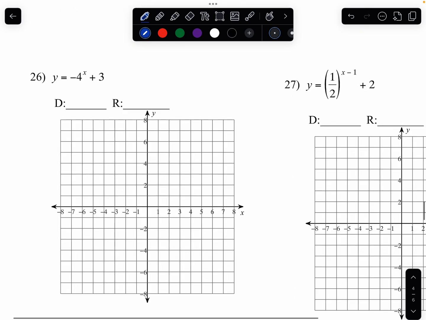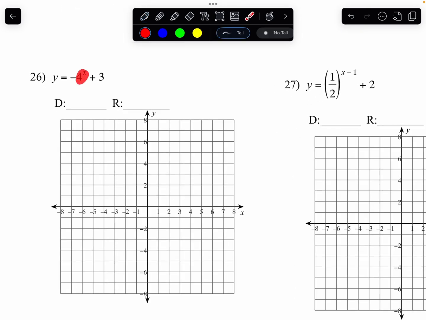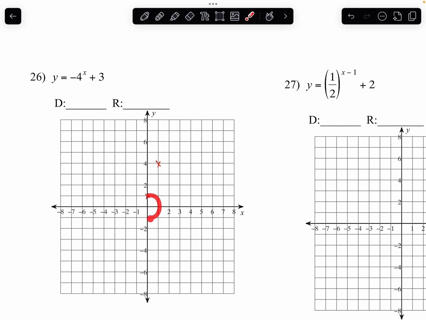Alright, this one, I look at that part first. So this is going to be quadrupling. So here, and it's growth, so then those are the first 2 points. The next point would be up at 16, since 4 times 4 is 16. And then these points I'm going to reflect and move up 3. So if I reflect this, and then move it up 3, 1, 2, 3, it's going to put me right there.